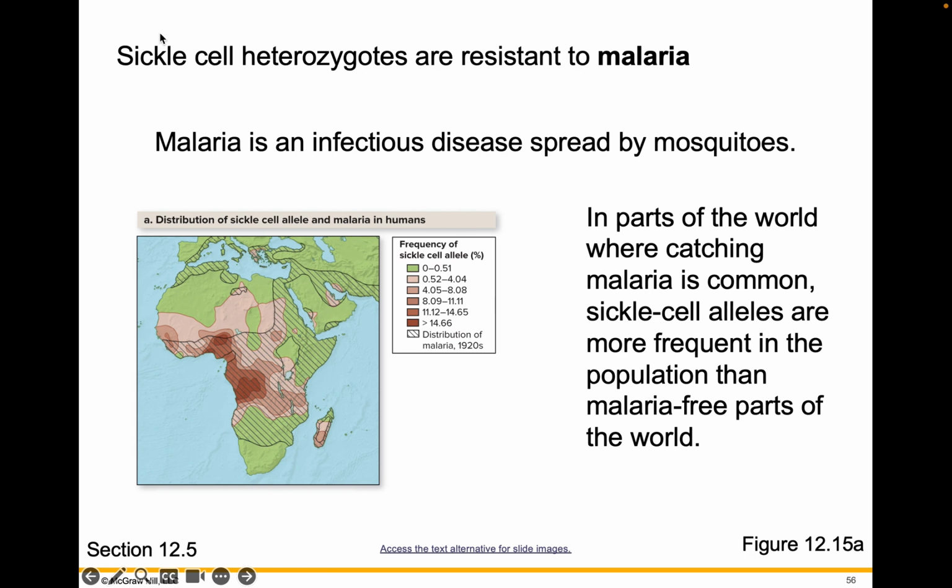However, people who are heterozygous are resistant to malaria. Malaria is an infectious disease spread by mosquitoes, and in parts of the world where malaria is common, sickle cell alleles are more frequent in the population than in malaria-free parts of the world. So there's a benefit to being heterozygous for the sickle cell allele if you live in a part of the world where malaria is common.